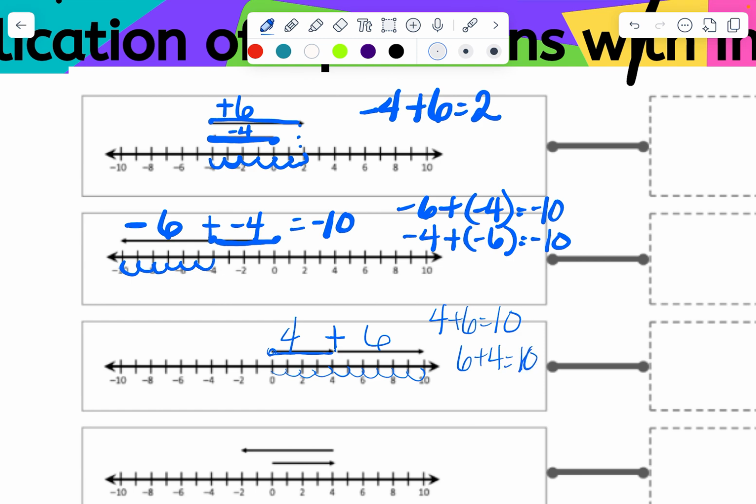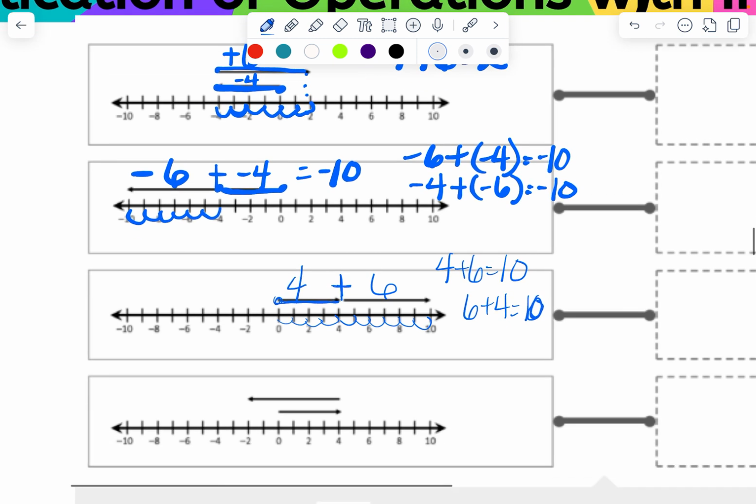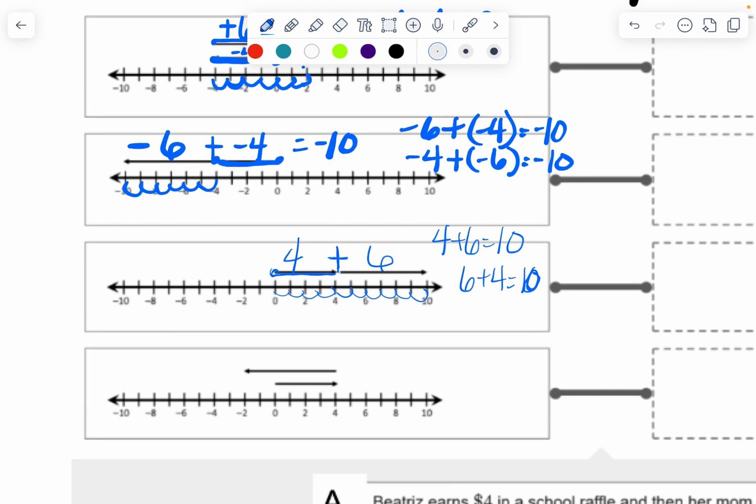And we got some scenarios we're going to look at in just a minute, but we're going to get these written down first. Then on this last one, we start at 0 and we go right 4 places. So that's a +4. Then we start at +4 and we go 1, 2, 3, 4, 5, 6 to the left, we're going back to the left.